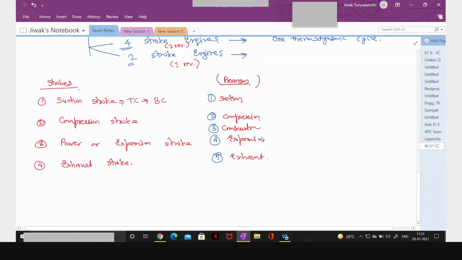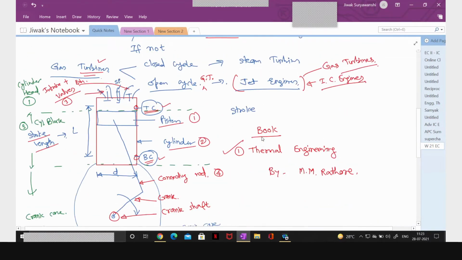Now if you look at this diagram, this is top center. The piston moves from top center to bottom center, and because of the valve actuation mechanism, this inlet valve is open. Because of the pressure difference between the atmosphere and the cylinder, inside the cylinder there is vacuum, so air will start entering the cylinder.